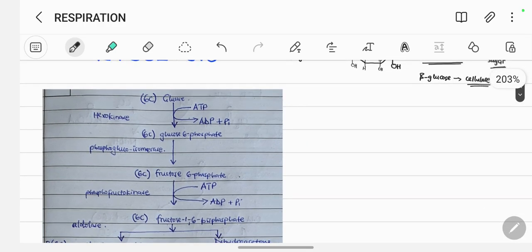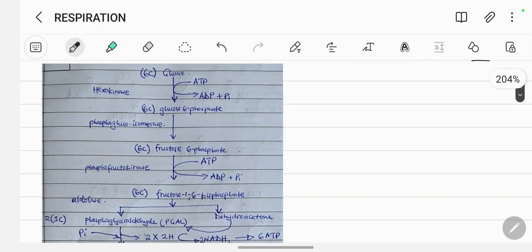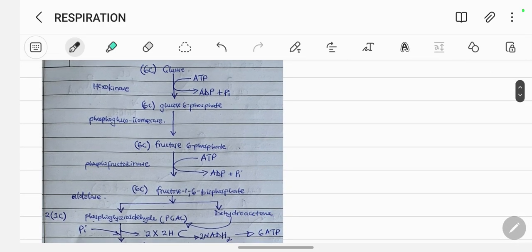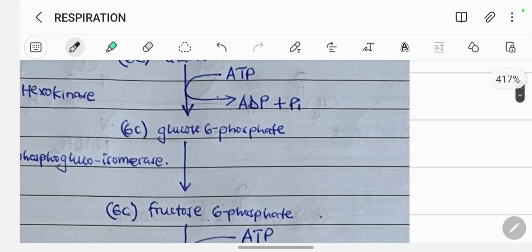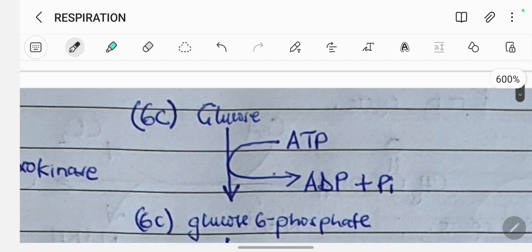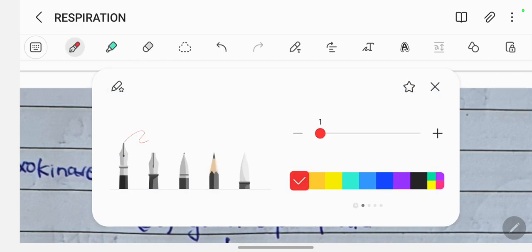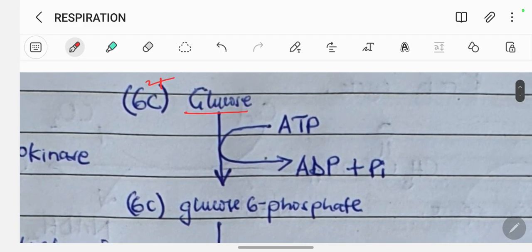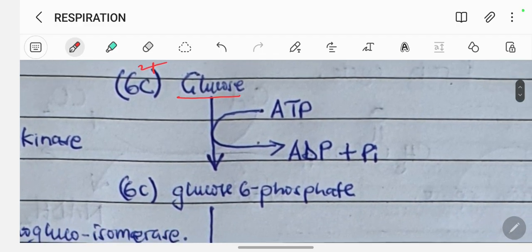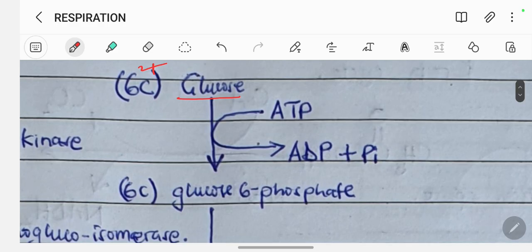After knowing that, I'm moving on to our structure here. This is what you have to fight with until you master the steps and the enzymes there. So we shall go through step by step. So I'm having my glucose here. We've seen that it's a 6 carbon sugar. So from glucose, it's like we pump in ATP.